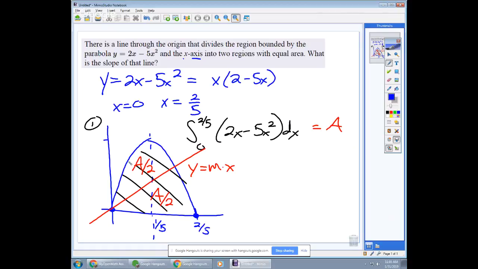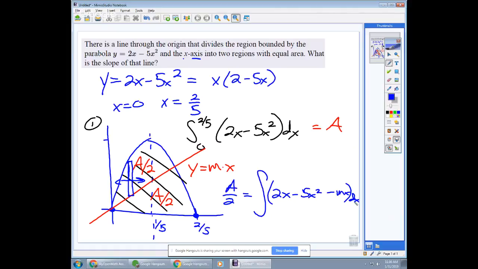If I draw a rectangle right here, as that rectangle slides back and forth, the parabola is always on top and the line is always underneath. So I would integrate to get A over 2 the parabola, 2x minus 5x squared, minus the line, mx, with respect to x.